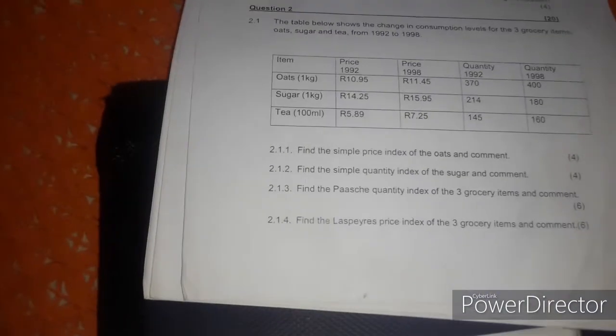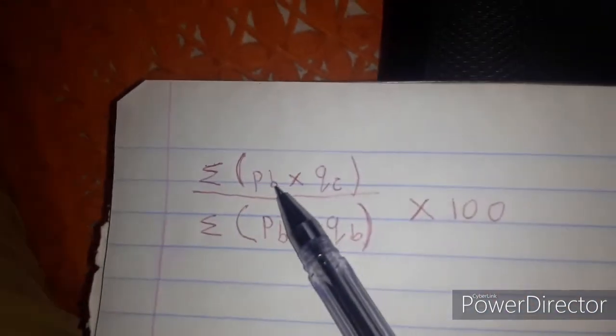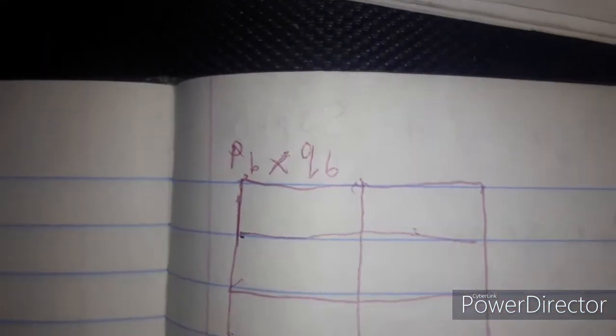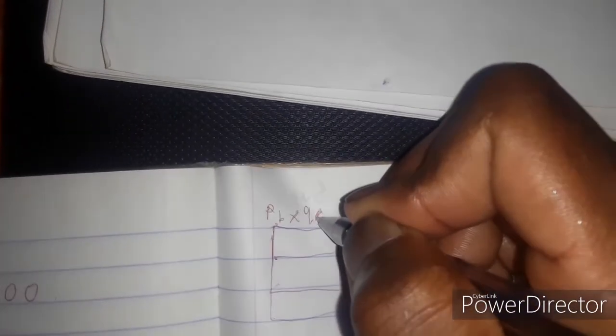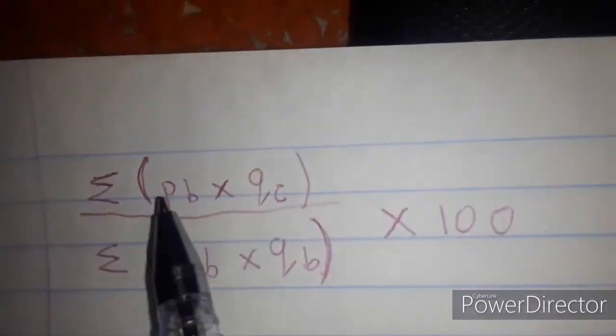This column here is for P_B times Q_C. I hope it is clear. This is P_B times Q_C, not Q_B.